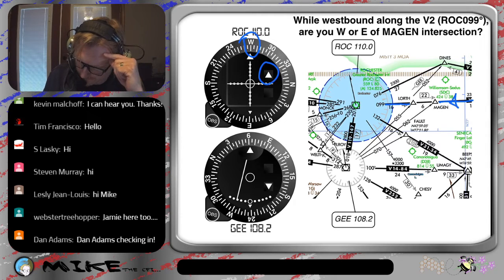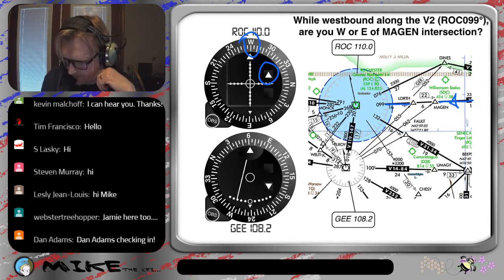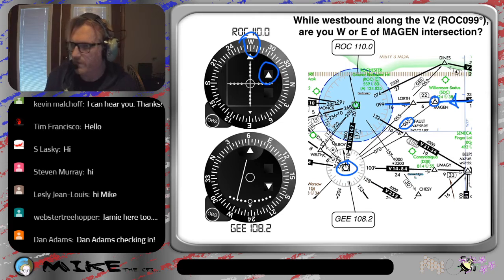heading that direction. And then it wants to know where we are relative to Megan intersection, which is right here, and indicated by the 062 radial off of the Geneseo VOR. So on the second VOR, we have 062 tuned in. We have a from indication.